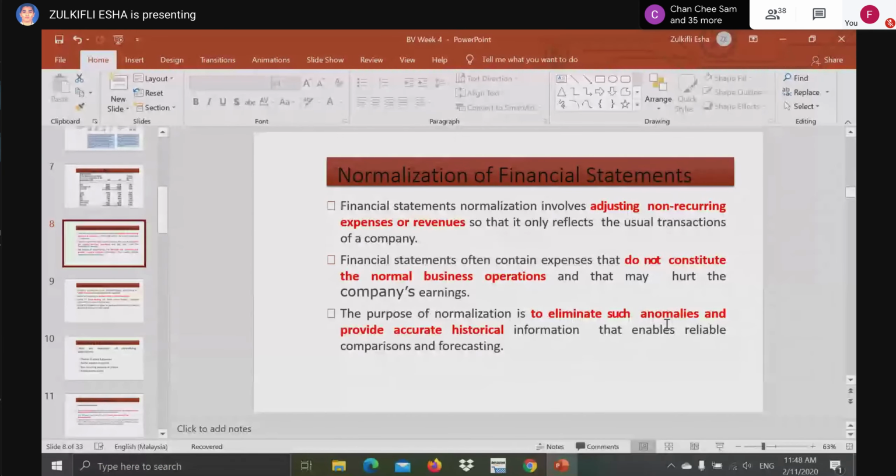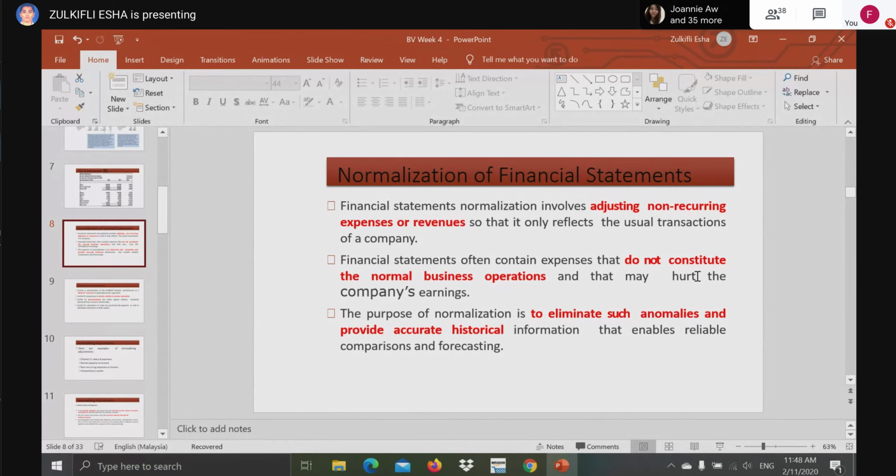Hurt ni maksudnya affect lah, may affect the company's earning. So the purpose of normalization is to eliminate such anomalies and provide accurate historical information that enables reliable comparisons and forecasting.